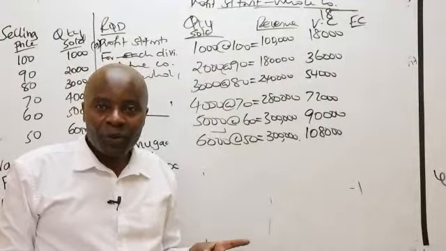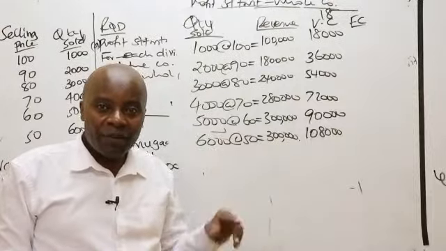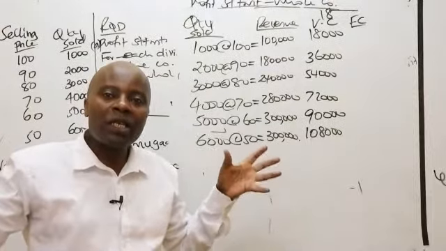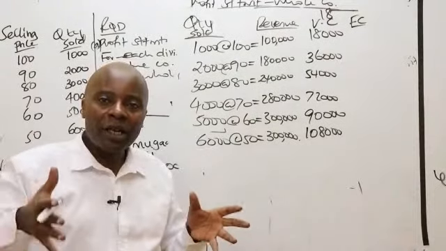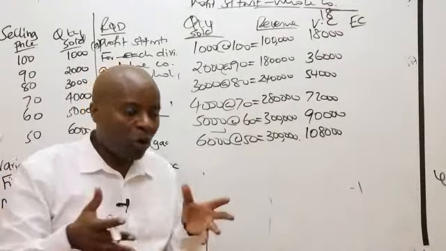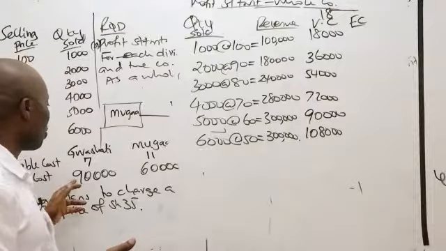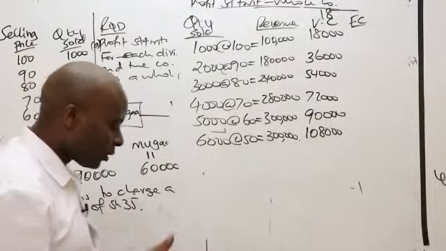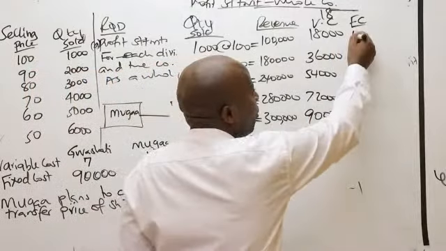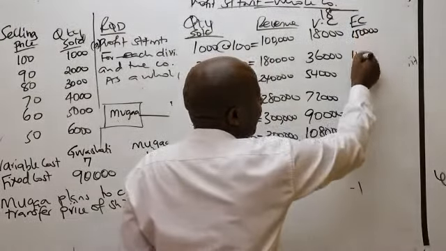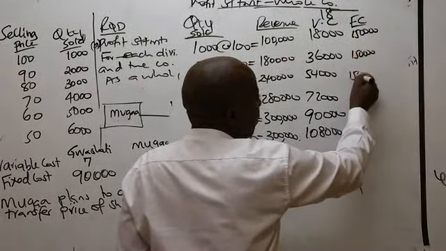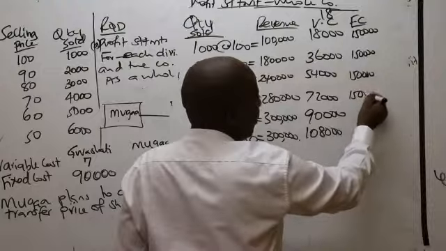The transfer price will only appear in revenue, and for fixed cost you simply lump together the fixed costs of the individual components. So individual components, fixed cost, we have 90 and 60, which gives me 150,000. I'm consolidating fixed cost directly, and of course 150,000 will be applicable throughout.